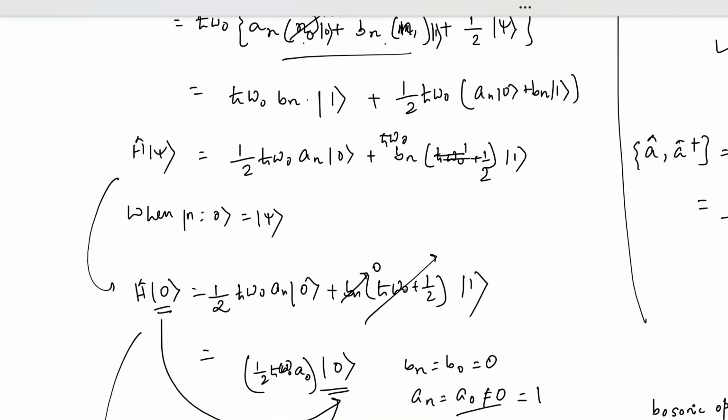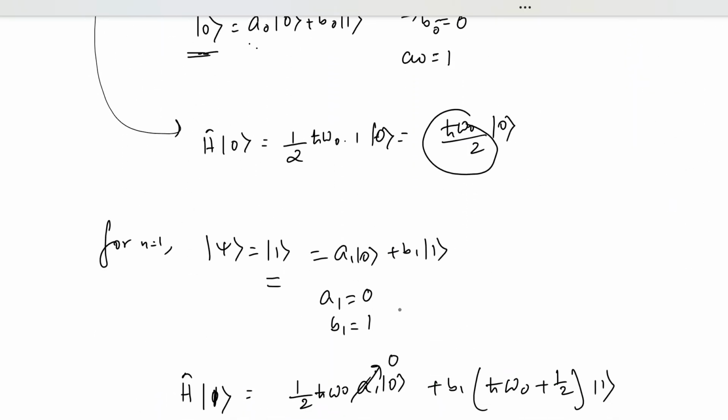So this term is ħω₀ plus half ħω₀, so this is 3 by 2 ħω₀, and the other term was going to 0 earlier.